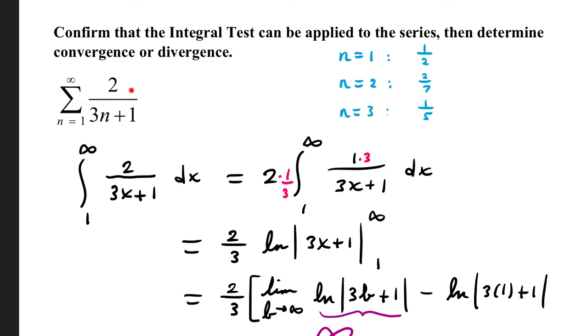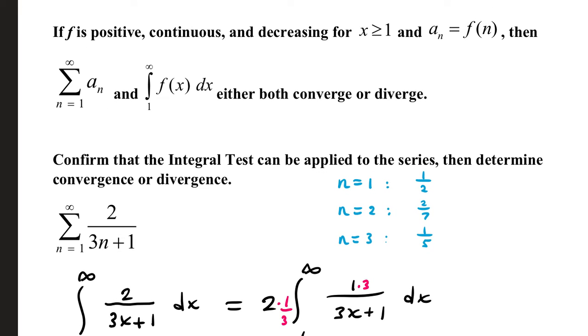So our term, if we take a couple of n values, we notice that when n is 1, n is 2, n is 3, we always get positive and decreasing values.